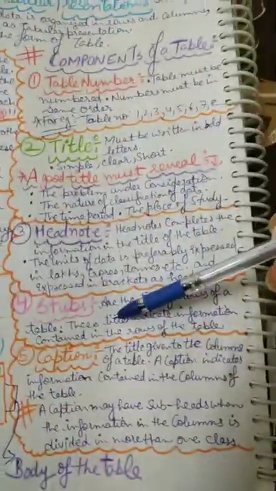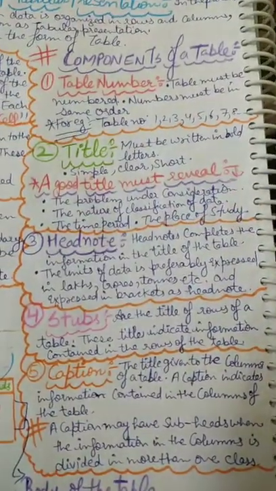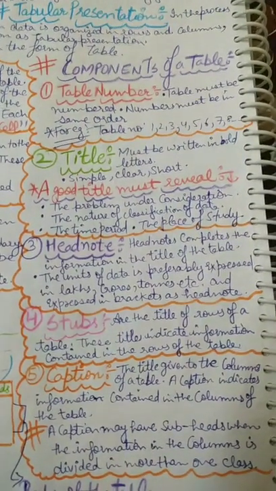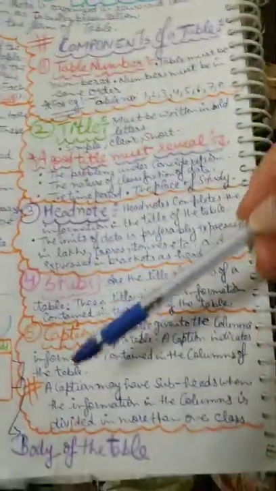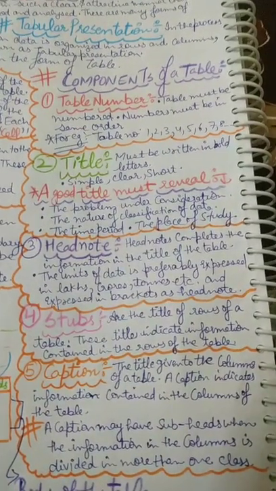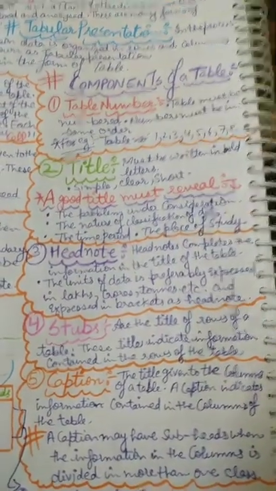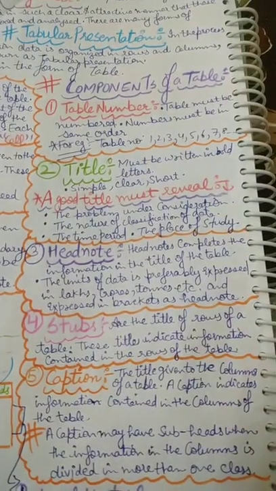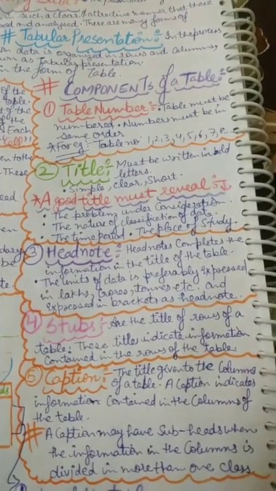Stub means the title of the rows. For example, name, class, roll number, section, that is known as stub. Stub means, for example, writing students' names like Manmeet, and how much marks I scored in English, Hindi, maths.